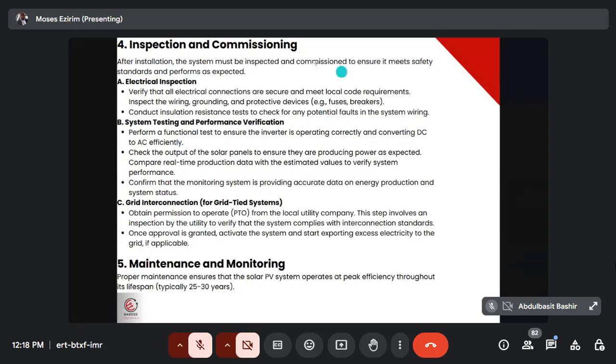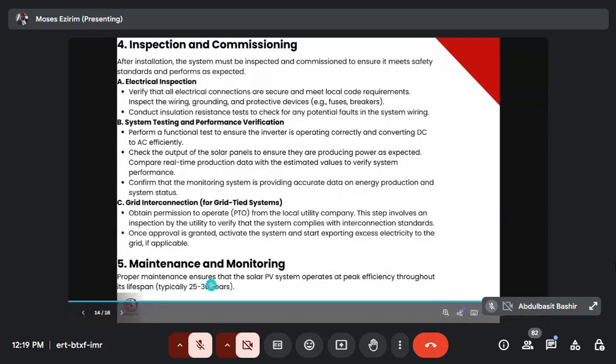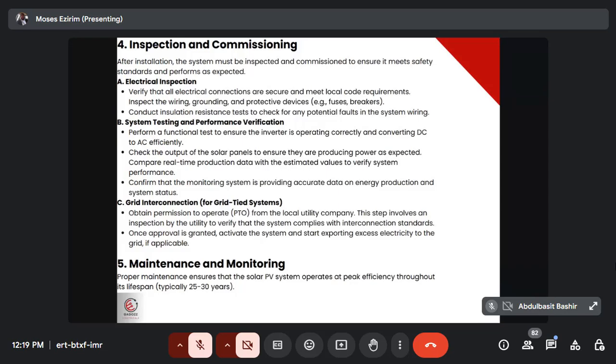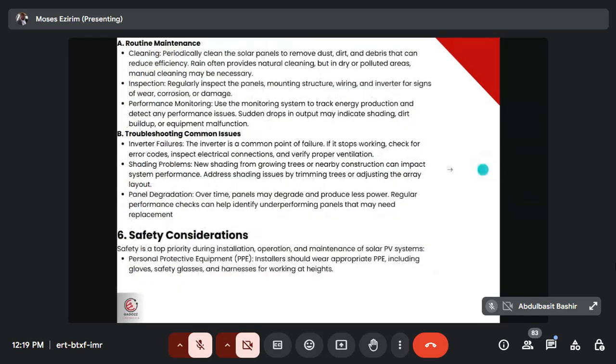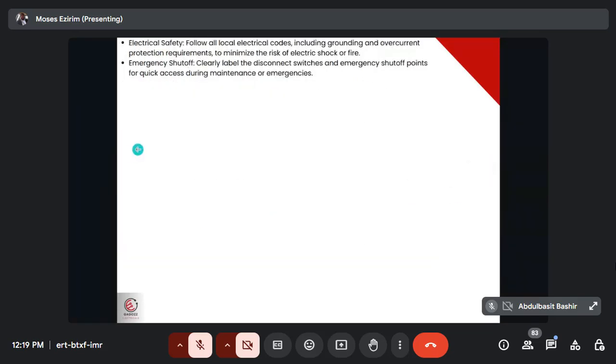Then maintenance and monitoring is also very, very important. For you to prolong the longevity of your system, you need to do maintenance and monitor it as well. You can see routine maintenance, troubleshooting common issues. Then safety consideration is very, very key, because you wouldn't want to destroy your investments.